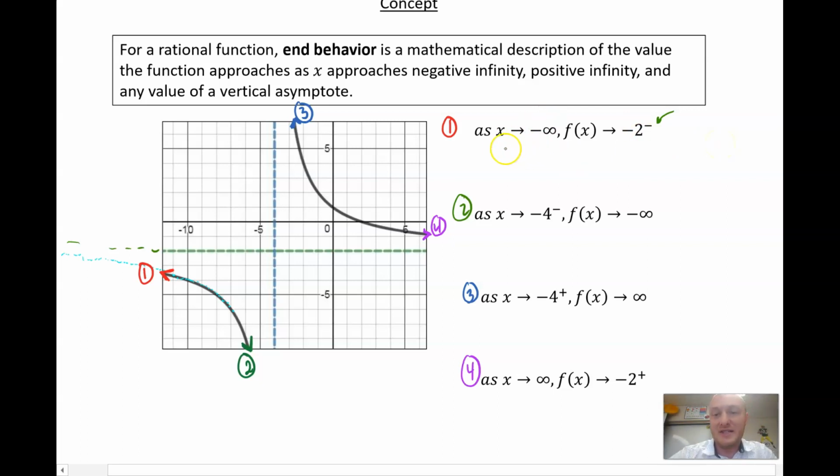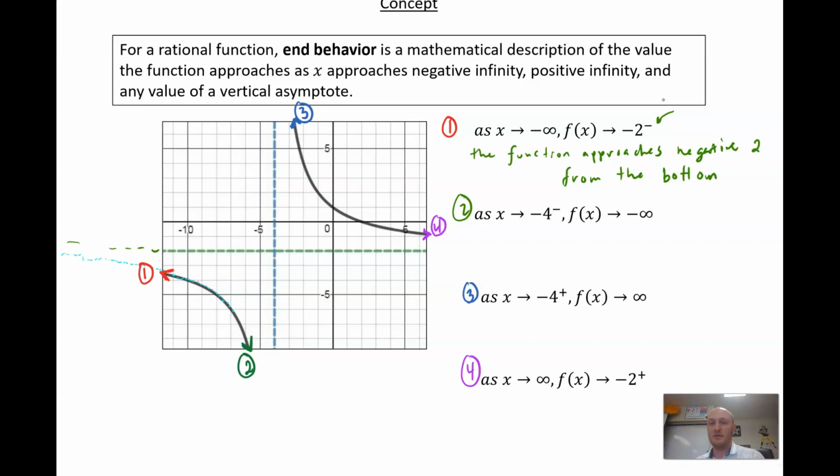So as x approaches negative infinity, the function approaches -2 from the bottom. So we use a negative superscript. You just add on, it's almost like an exponent, negative. That's how you say from the bottom.